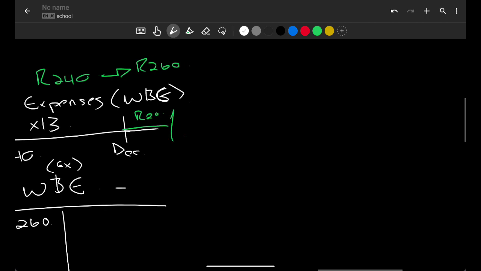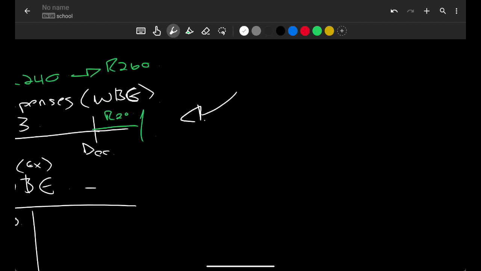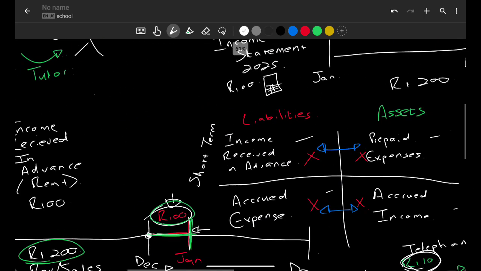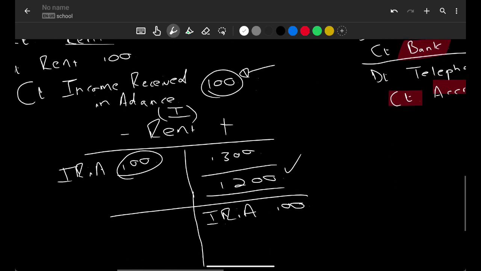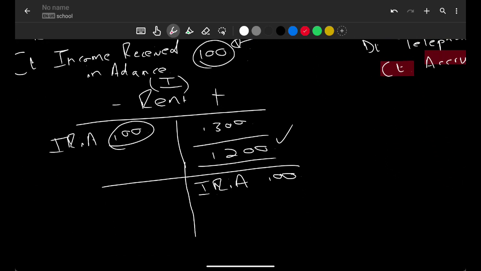But the rule on the income statement is always 12 months, right? Do you see here that they paid for 13 months here? They paid for 13 months, and then we deducted 1 month here. We deducted 1 month here, right?